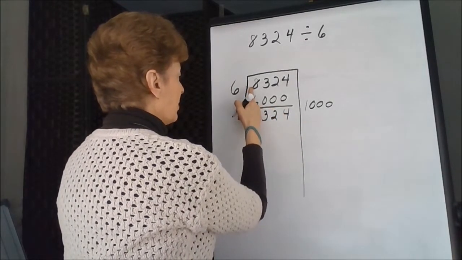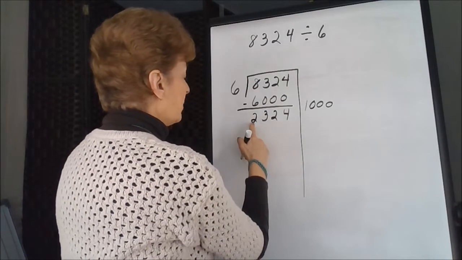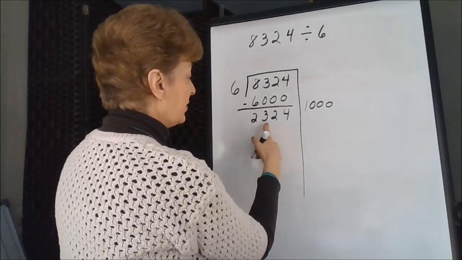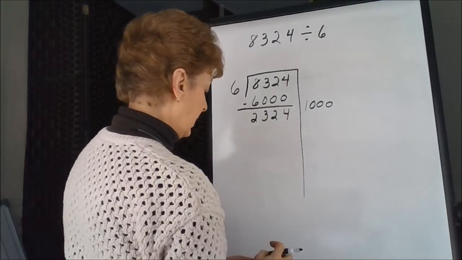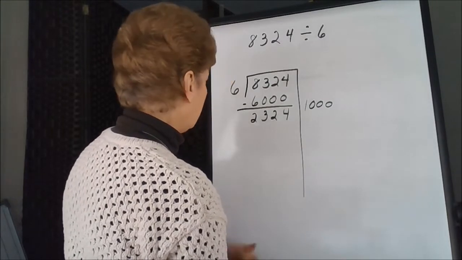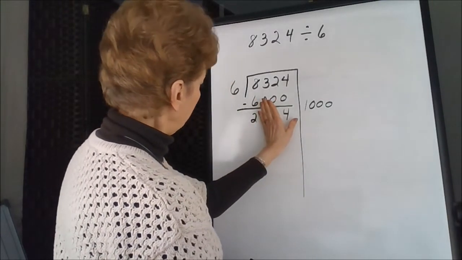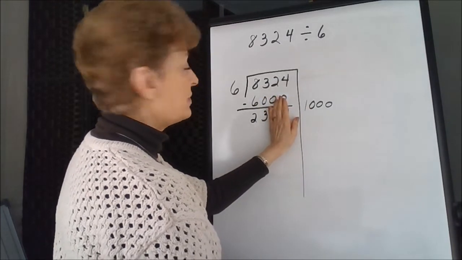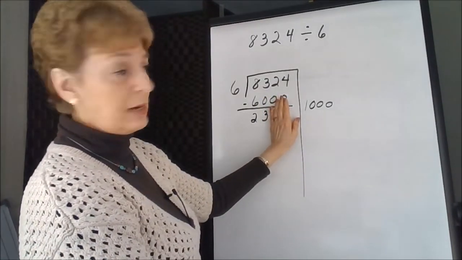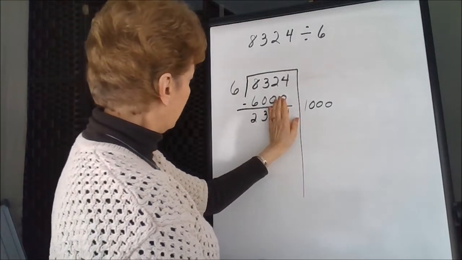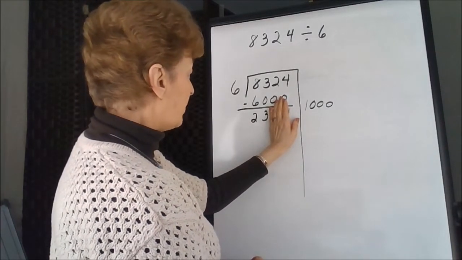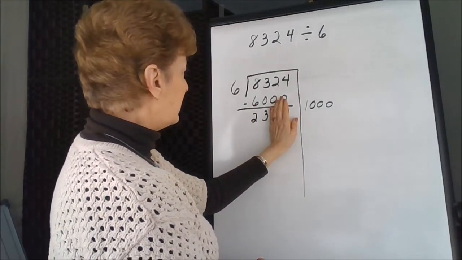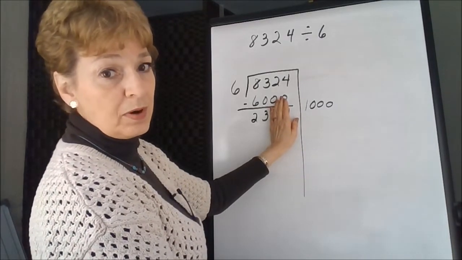6 from 8 is 2. So we have 2,324. In this case, our next pick, 6 goes into 2. That's too small. How about 23? 6 times what will get us close to 23 without going over it? Well, 6 times 3 is 18. 6 times 4 is 24, which is over.